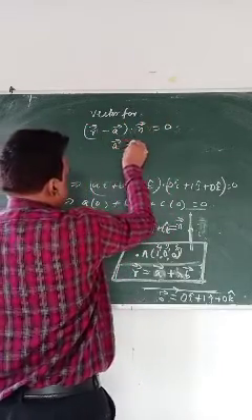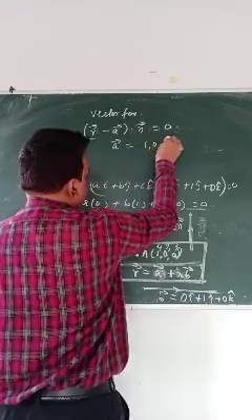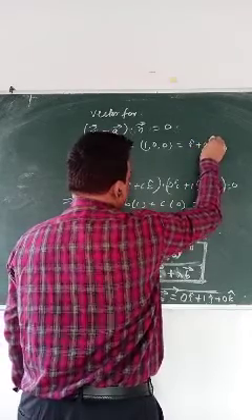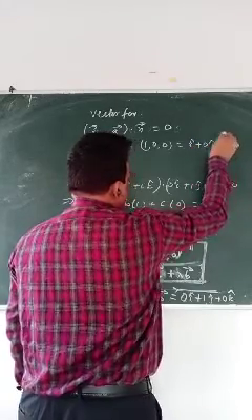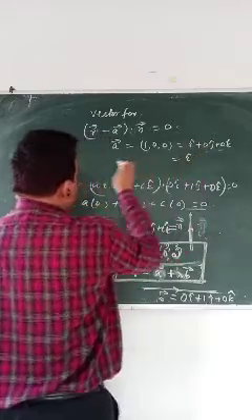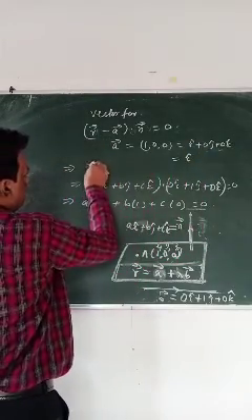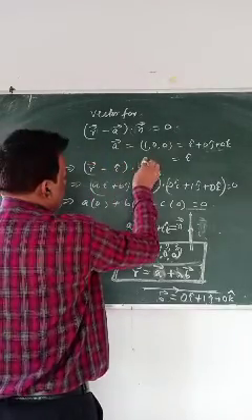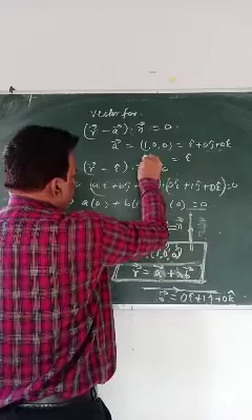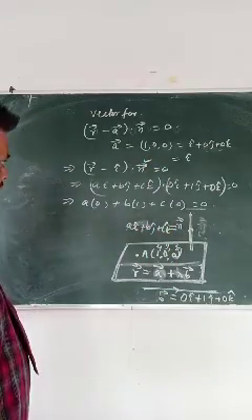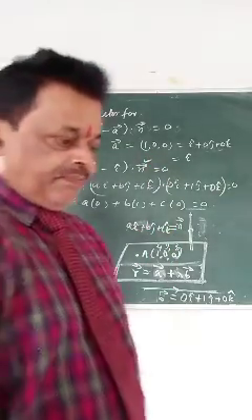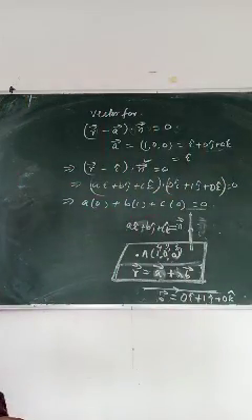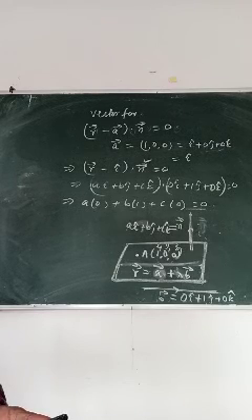Here your a vector is the point 1, 0, 0, that is i plus 0j plus 0k. That means this gives you (r minus i) dot n equals 0. n we have to find out. How to find n? n is perpendicular to b.